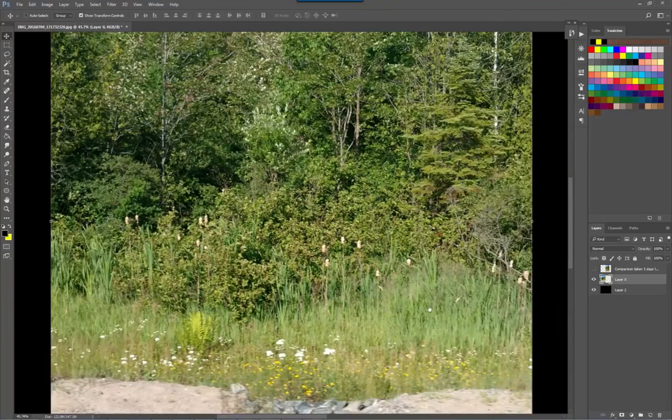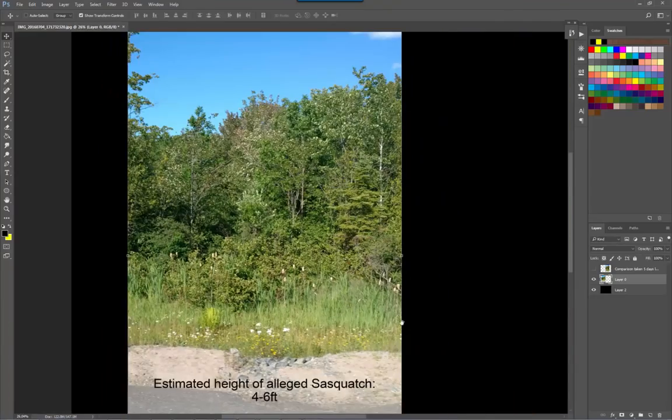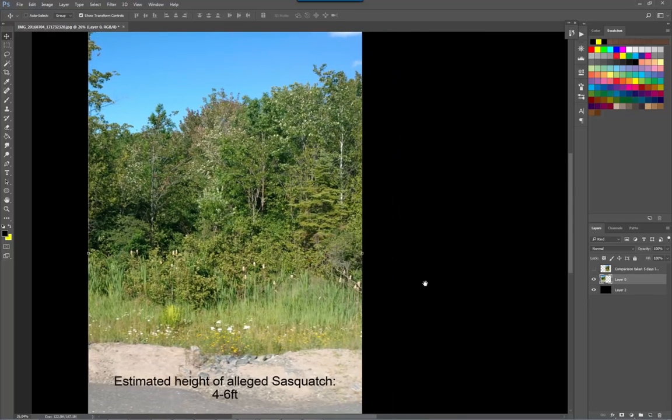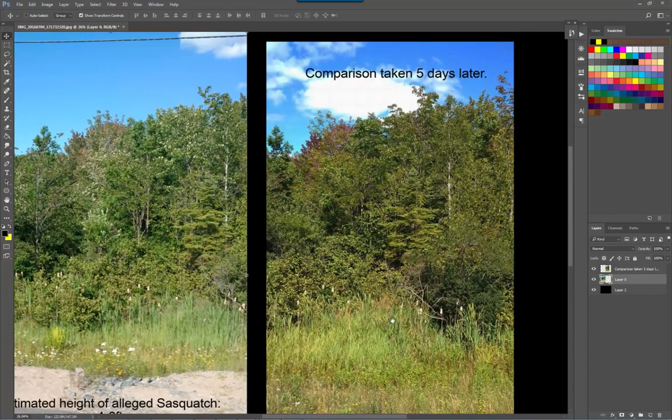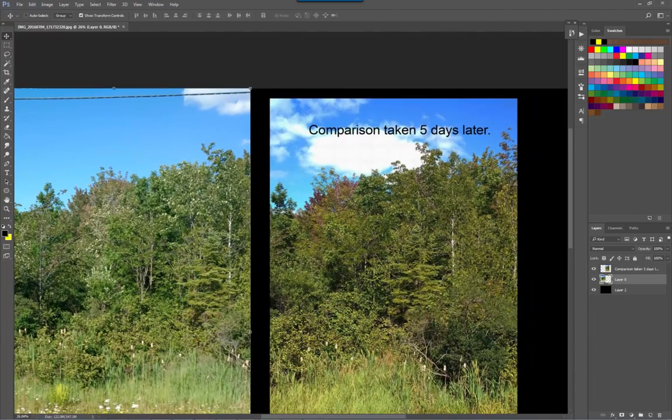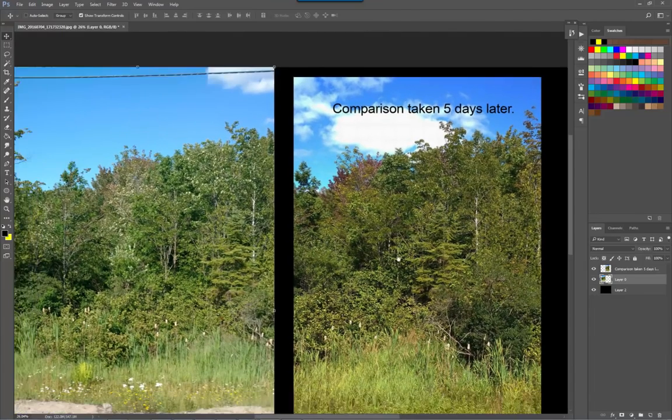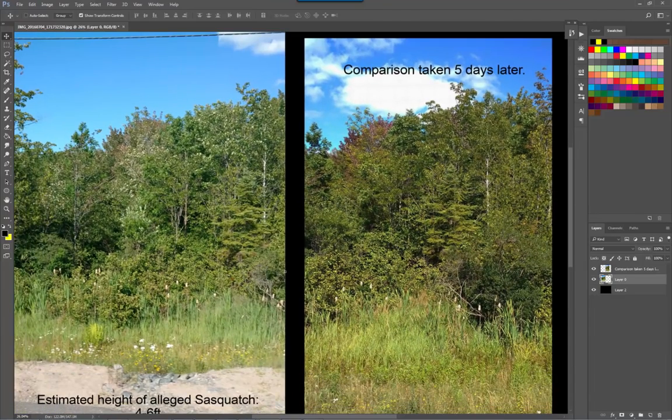But the interesting thing and the good thing about this one, which I hope we can see a lot of in the future, is we have a comparison. Here we go. As you can see, taken 5 days later. The comparison isn't perfect.